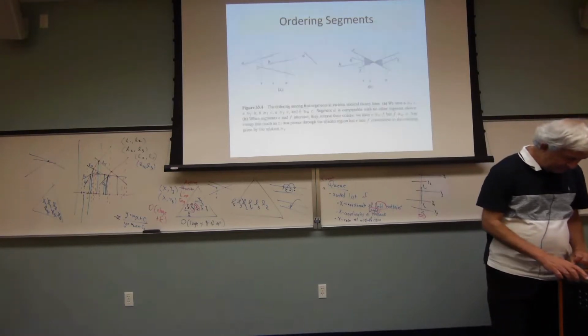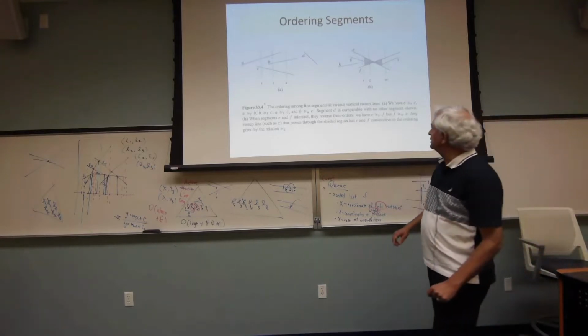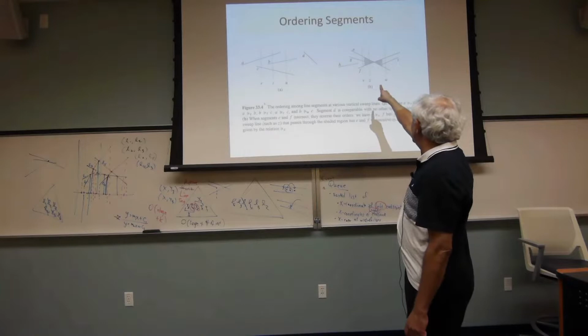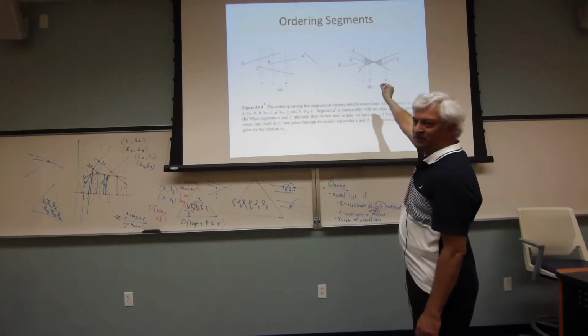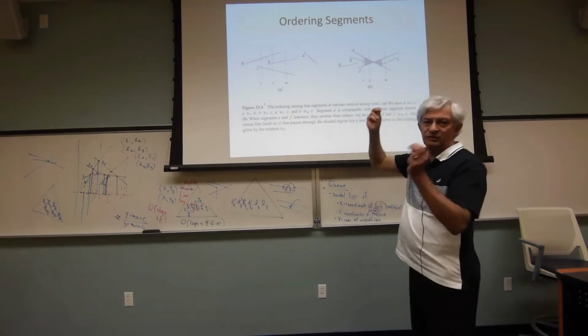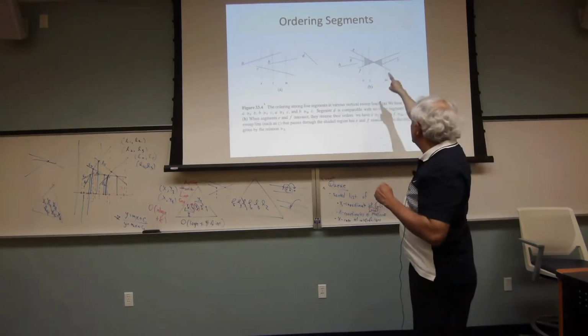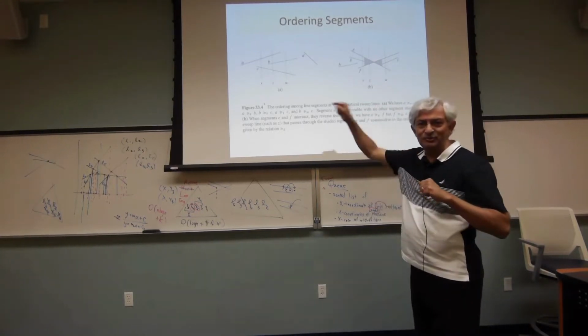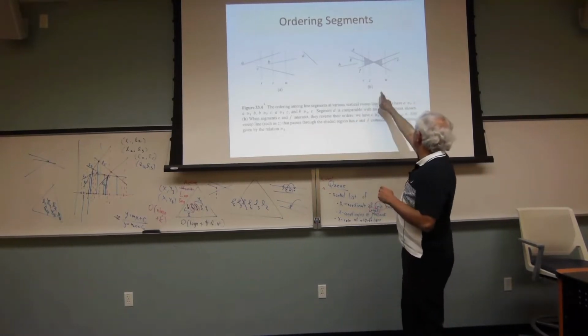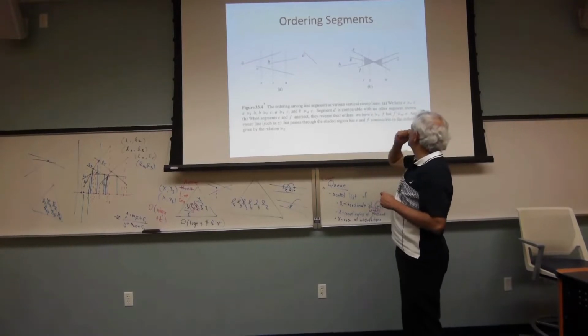I didn't show you these pictures here. You can see here what happens. G ends before E and F intersect. So the moment G ends, it gets removed. Now E and F become neighbors, and so you check when their intersection is, and then the intersection point gets added to the queue.